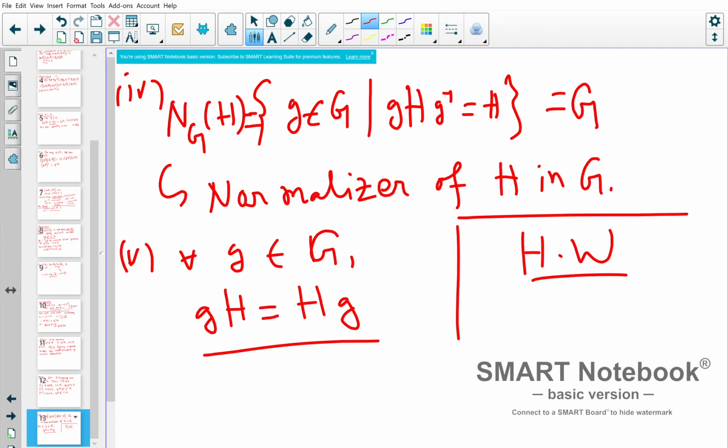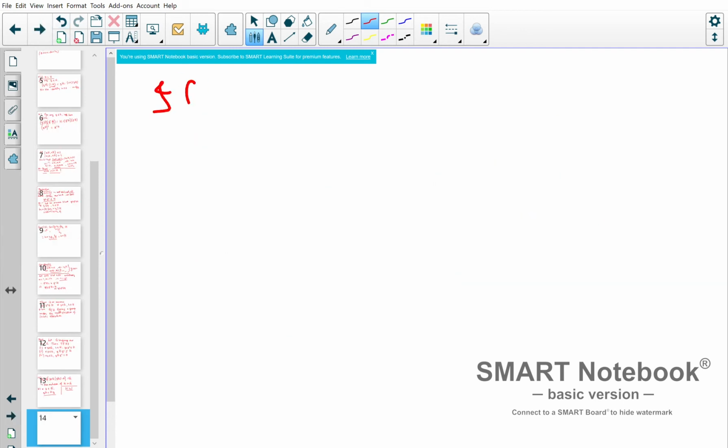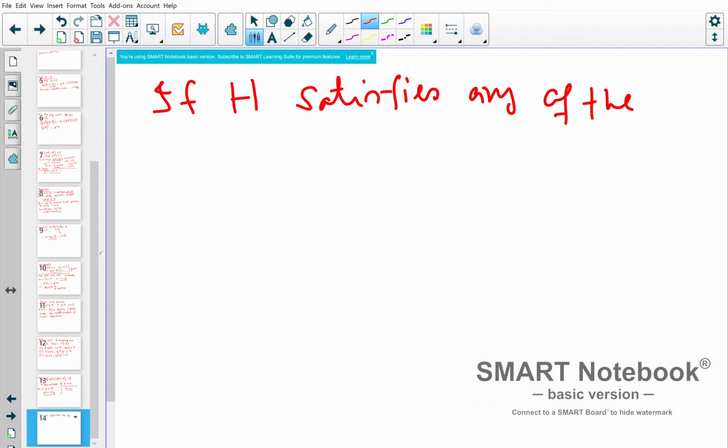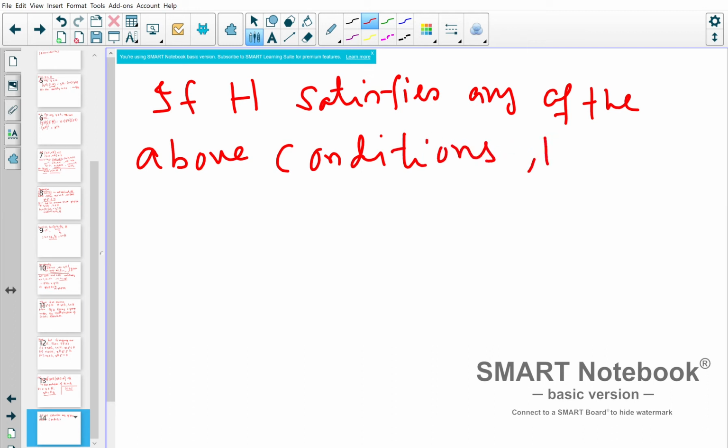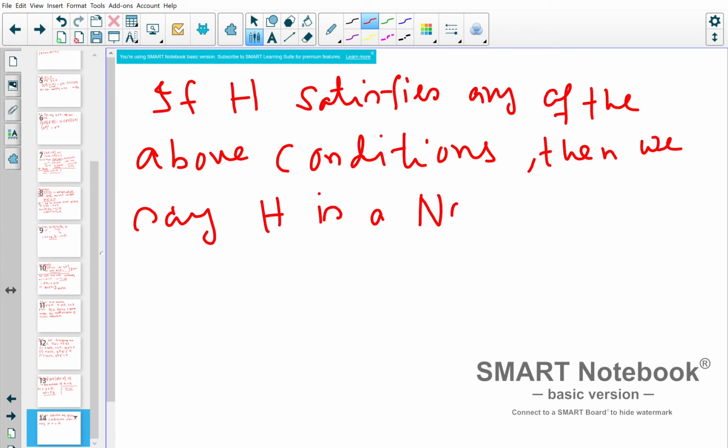Now if H satisfies any of the above conditions, whatever conditions I just wrote, there are many more, but let us just stick with these, then we say H is a normal subgroup.